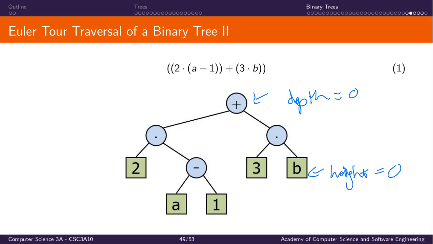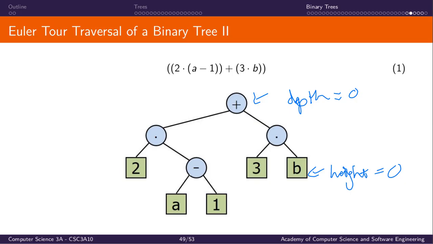So if it had children, we would then check what the maximum height of those children is. However, because it is an external node, we should ask, before asking what the maximum height of its children is, is it external? That will be our base condition. And if it is external, then we say that its height is 0. Similarly, for depth, is it the root? If it is, then its depth is 0.